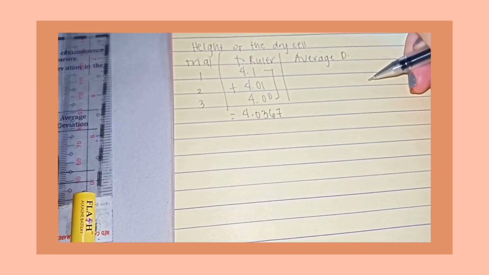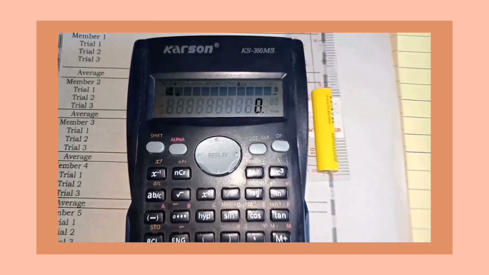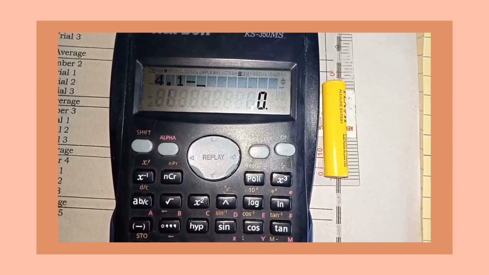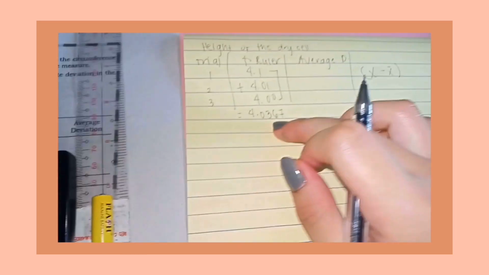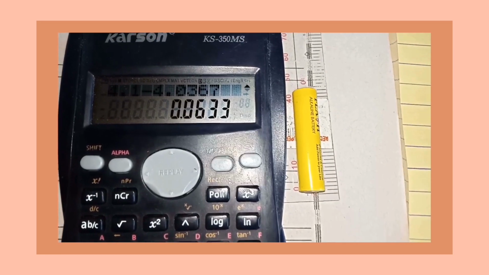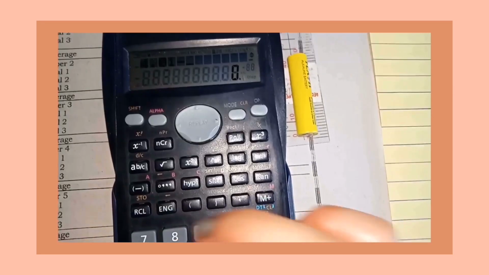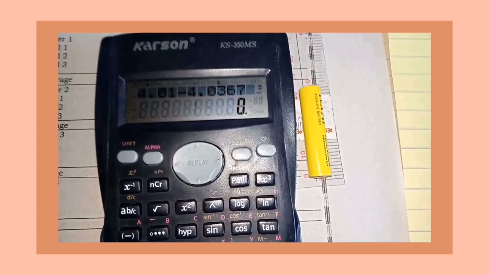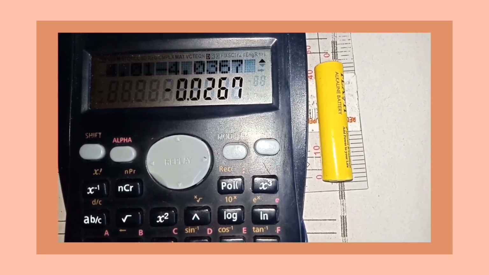Then to get the average deviation, x minus mean. Then here 4.01 minus 4.0367 here is equals to 0.00633, and then the next 4.01 minus 4.0367 is equals to negative, it turns to positive 0.0267 here.